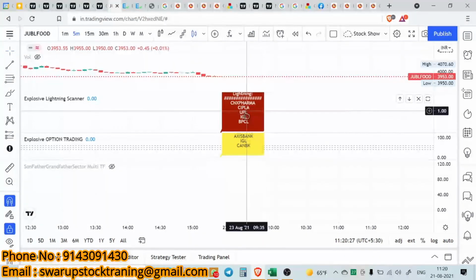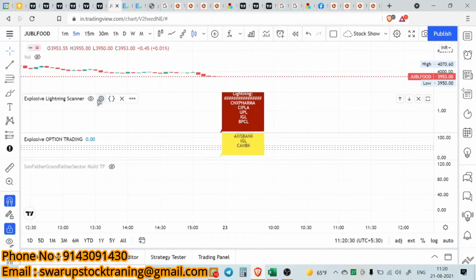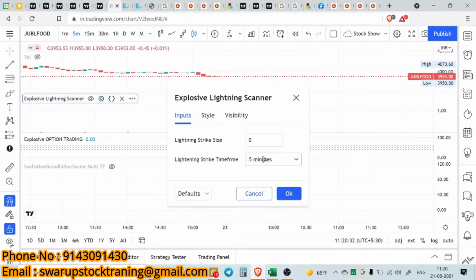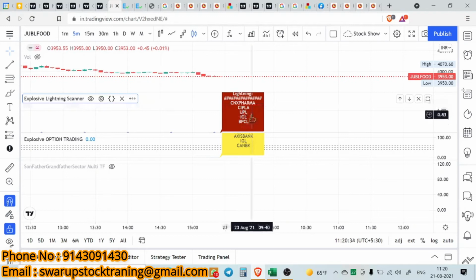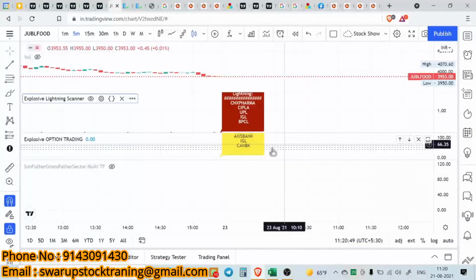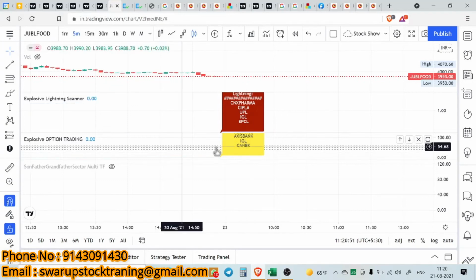This scanner is for Monday trade. You have got Cipla, UPL. I know you got it on a 5 minutes time frame. Cipla, UPL, IGL, BPCL, and the pharma sector are going to be very sensitive once the market opens. So these are the stocks and the sector you should be watching out for. And this is our option trading scanner.